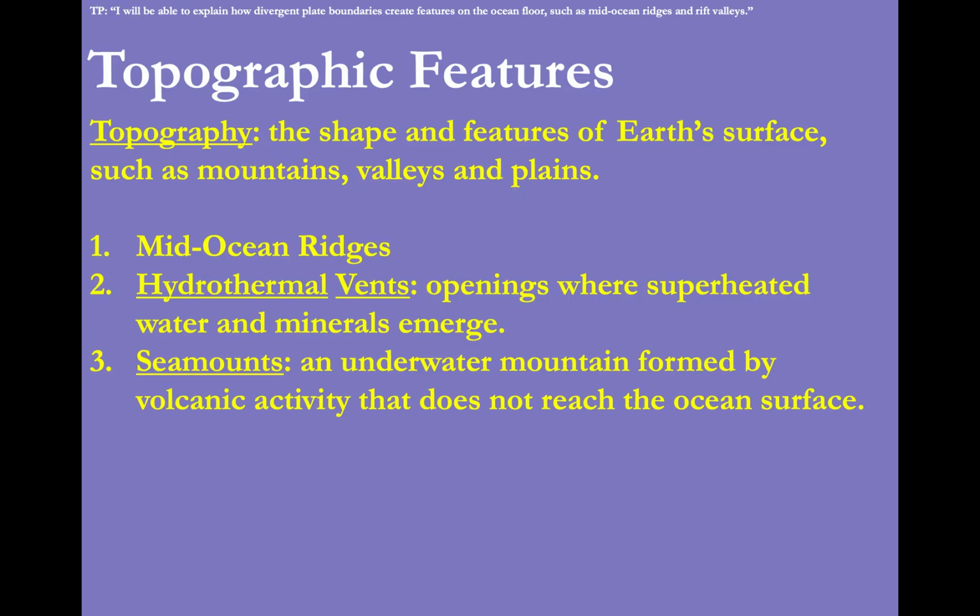Superheated water from hot rock underneath, and minerals that can be melted will be shooting out into the ocean, making the ocean very saline, or even more saline than usual. But these are at the great depths of the ocean.